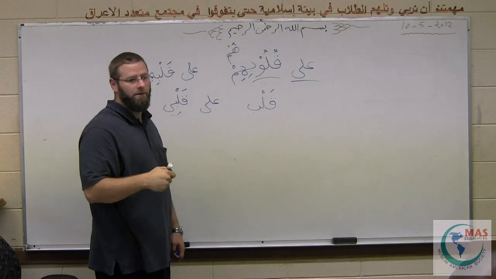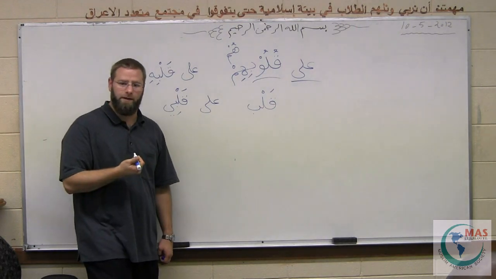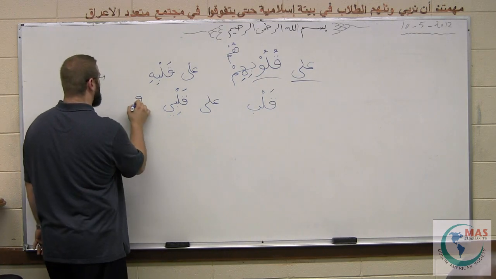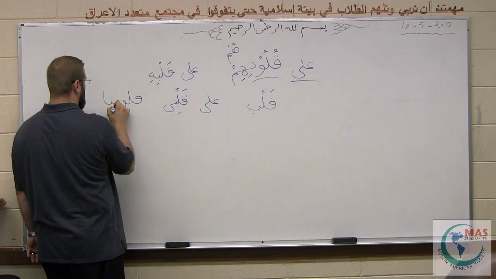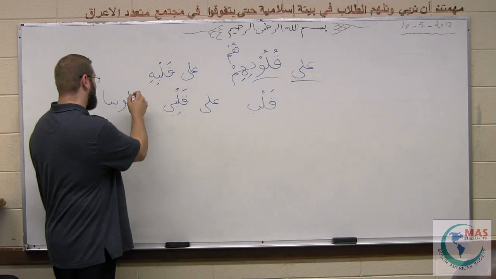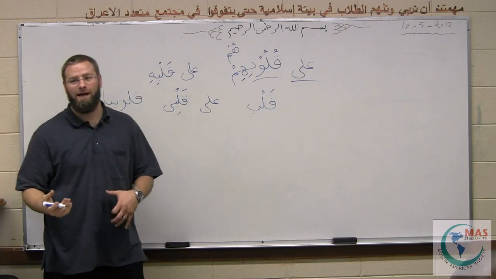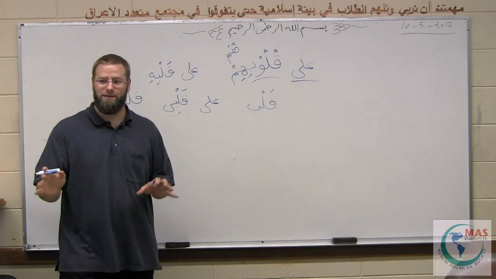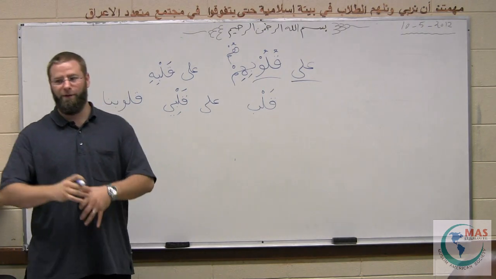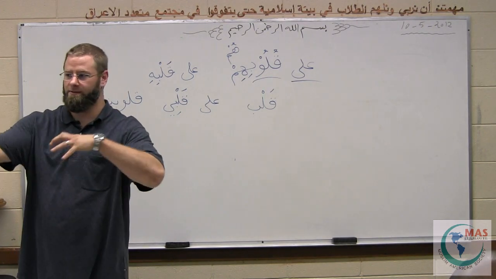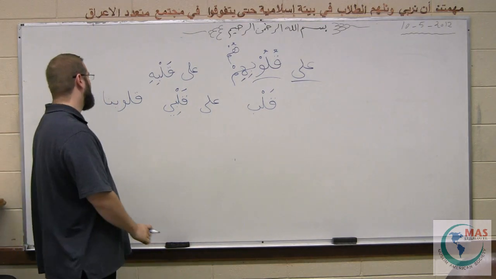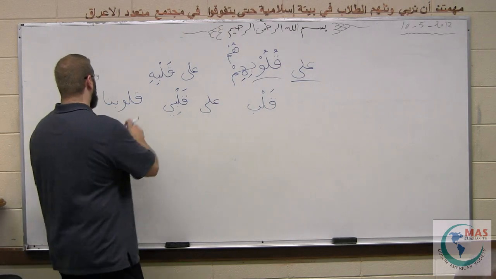Okay, upon my heart, or fi qalbi, in my heart, right? Then you would have ala qulubina. Now, if you wanted to get into poetry and something deep, you could say ala qalbina. Sorry about that. Ala qalbina. If you said it like that, it would be a very deep analogy of how Muslims all have the same heart, some poetry type thing.